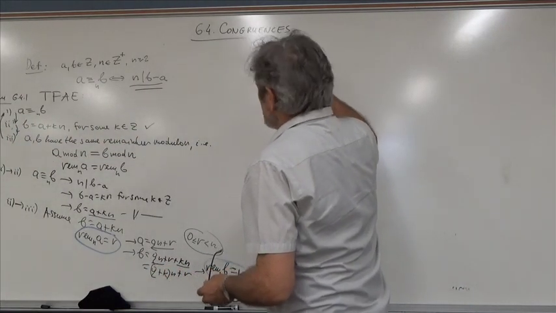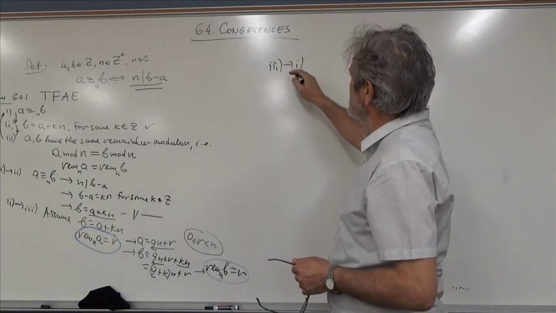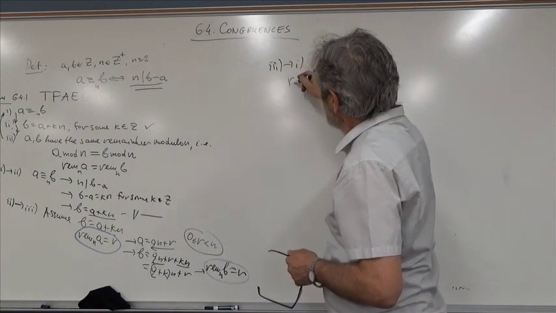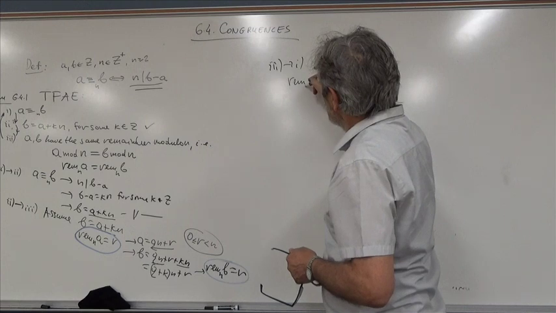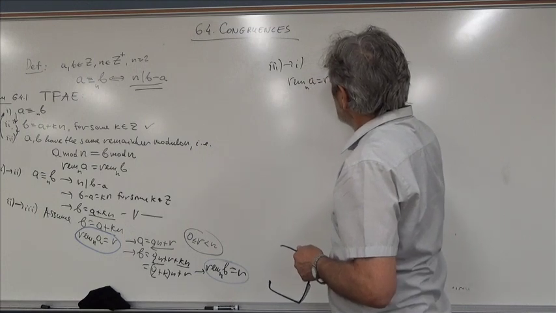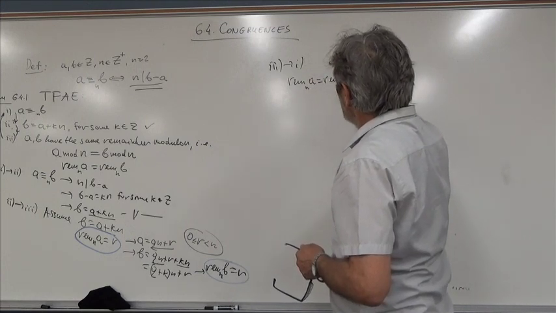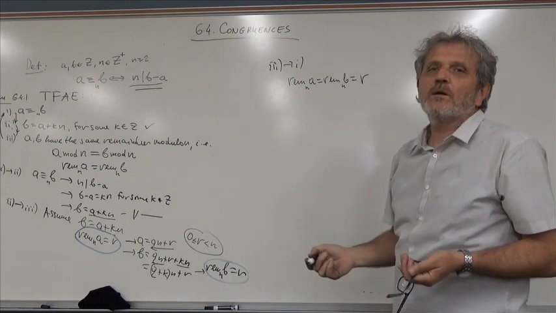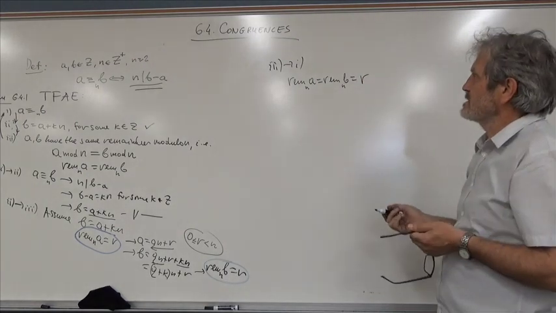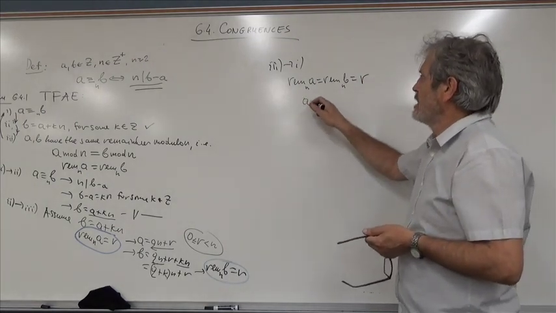3 implies 1. What does it say? Assume that the remainder of A modulo n equals the remainder of B modulo n, and I'll call that number R. Nothing special about that R. So what do I know?